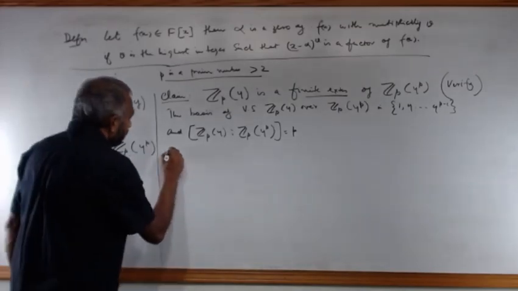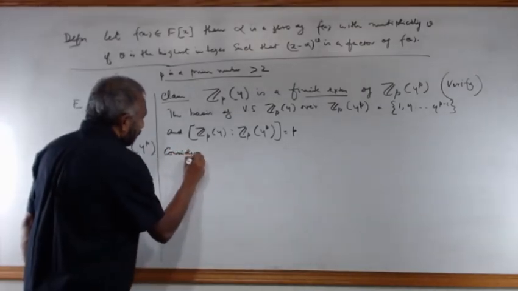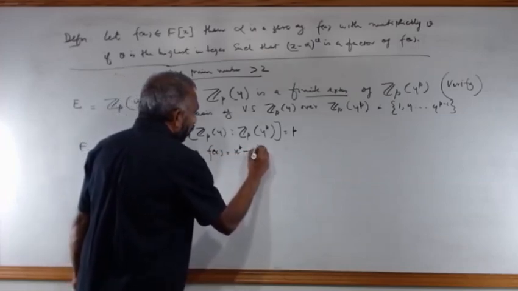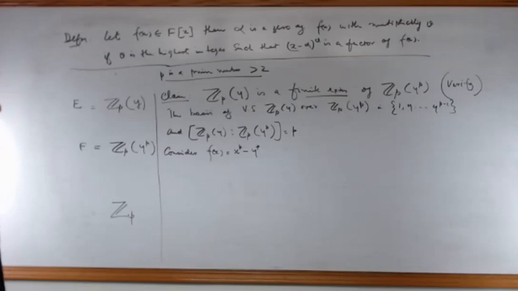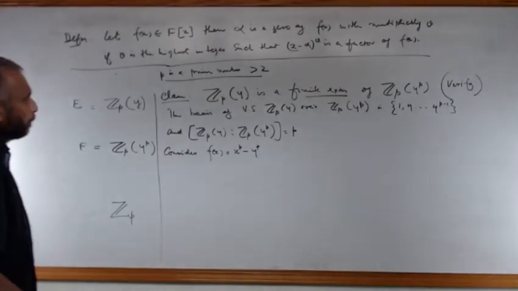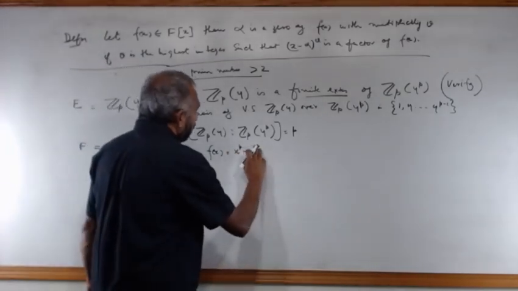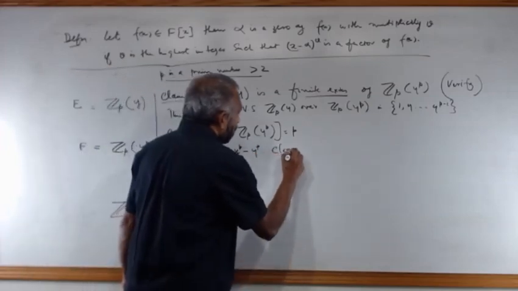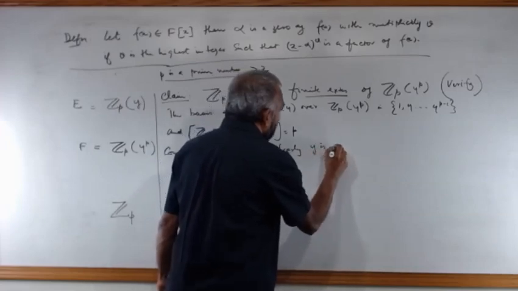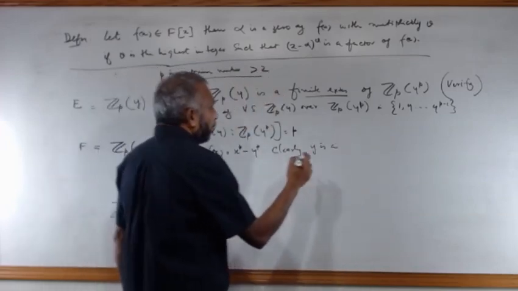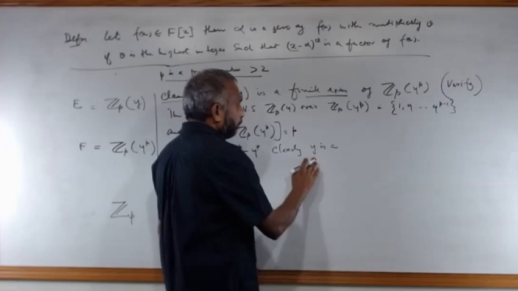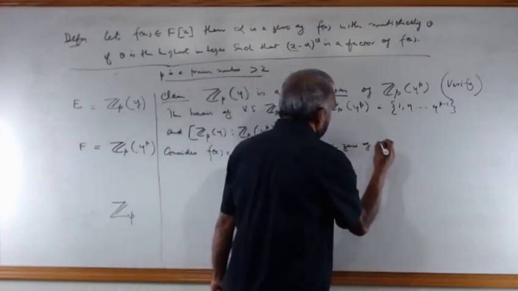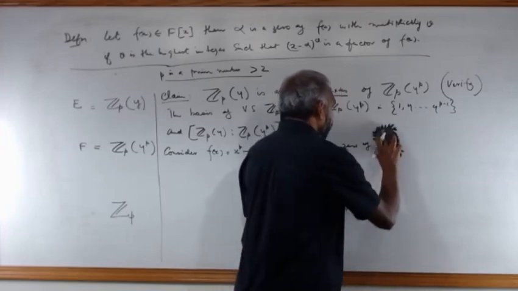Now consider a polynomial f of x equal to x to the power of p minus y to the power of p. Clearly, y is a 0 of f of x.